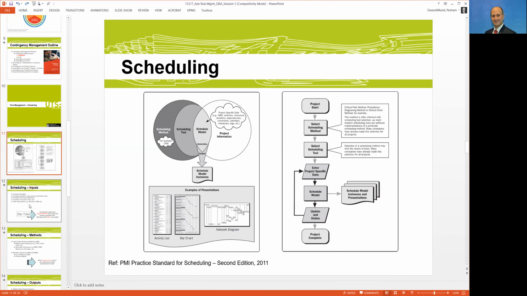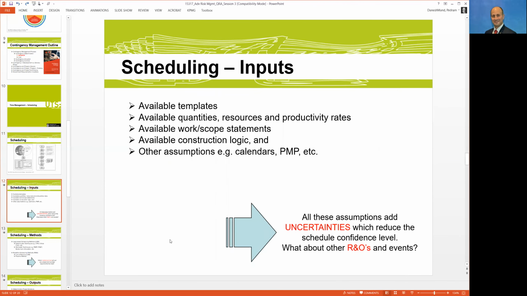But in terms of some of the inputs that you use, generally the most common inputs for scheduling are some of the templates that you do have, the quantities, the resources, how many resources, the productivity rate which is quite important, the work and scope statement, the construction logic, and other assumptions like how many working days, is there any restriction on the hours, all those different assumptions that you put.